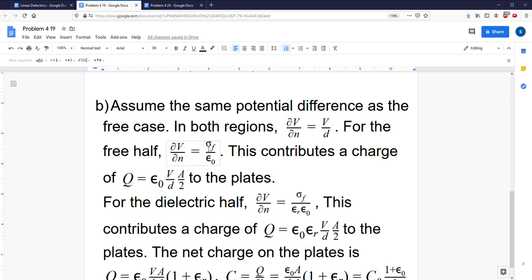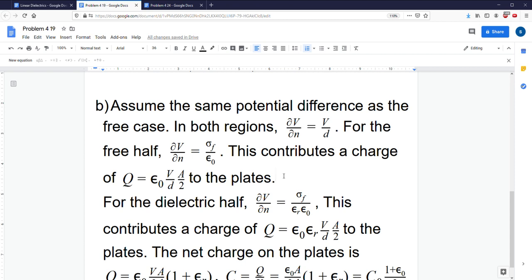We can solve for charge. Remember, charge is sigma times A. So move the epsilon here, sigma times A, or dV dn times epsilon times A, gives you the charge on the free half of the plate.